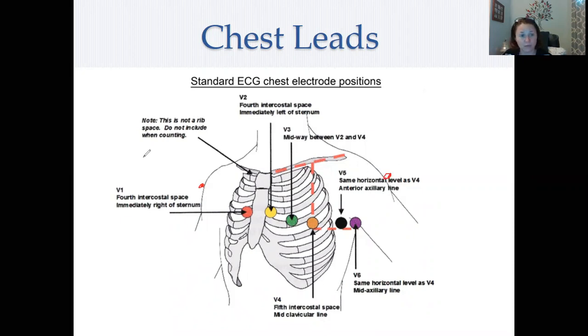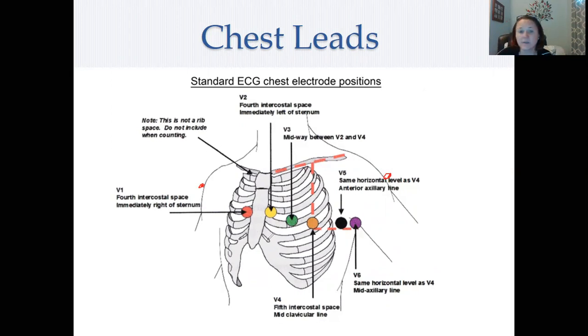They are labeled right arm, left arm, left leg, right leg: RA, LA, LL, RL. They're labeled on the wires or leads, so that you'll know which ones go where.